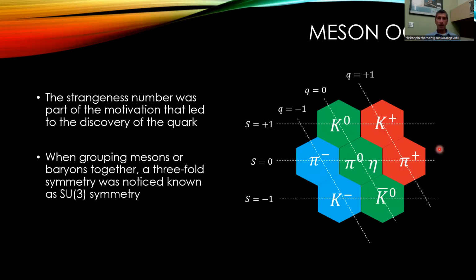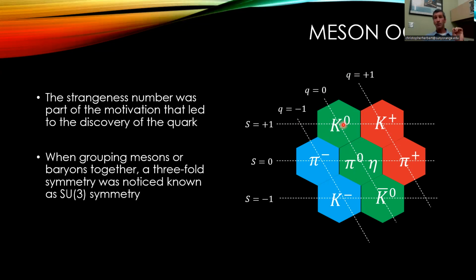So for instance, if we arrange the mesons, we can see they come in 3 different charge possibilities. The pion is one of the most common of the mesons that we know. There's a neutral pion, pi naught, or pi 0, a negative pion, and a positive pion. But for the kaons, they're either positive or neutral. I'm sorry, positive, neutral, or negative.